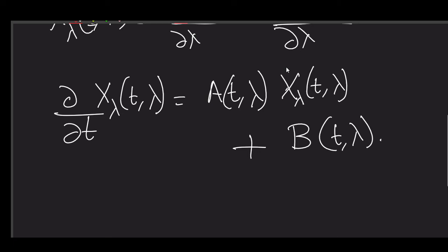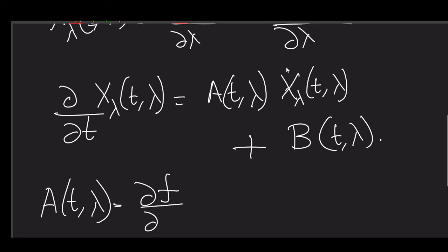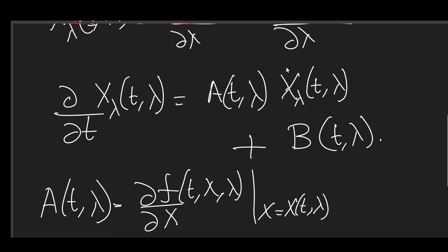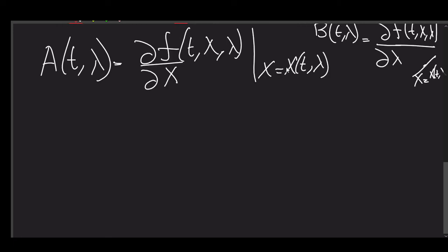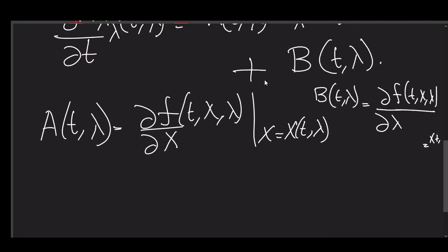So what is A(t, lambda)? And this one is B(t, lambda).